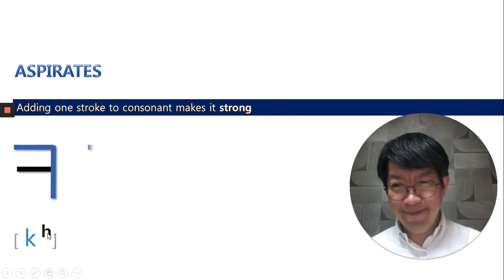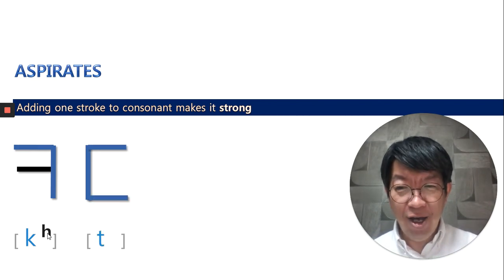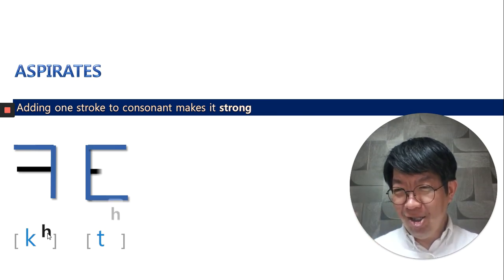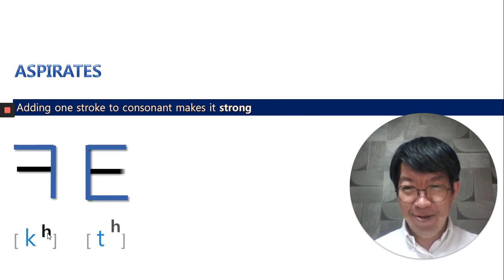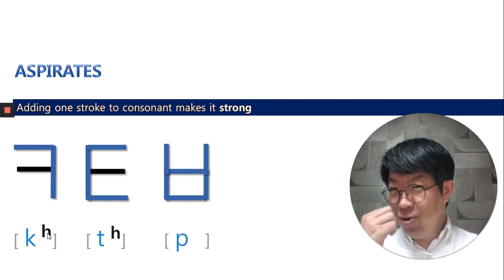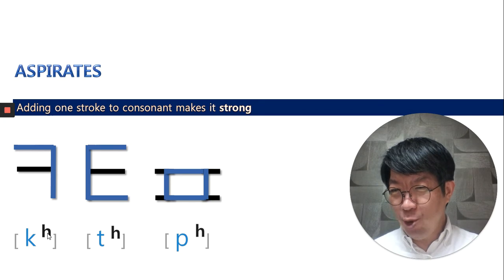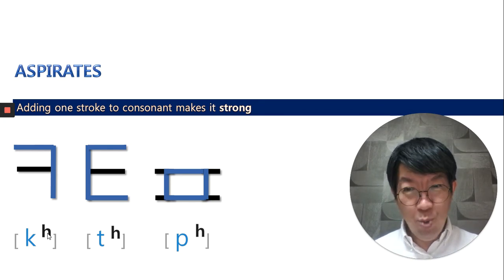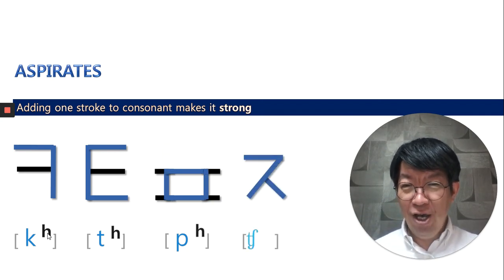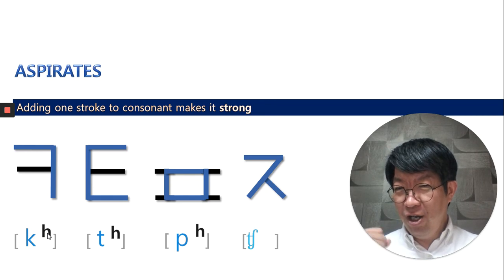Next one, this is da, and with one more stroke, ta. How about this one? Ba, and one more stroke, pa. Actually, this is maybe two more. Ba, pa. This is ja, cha.